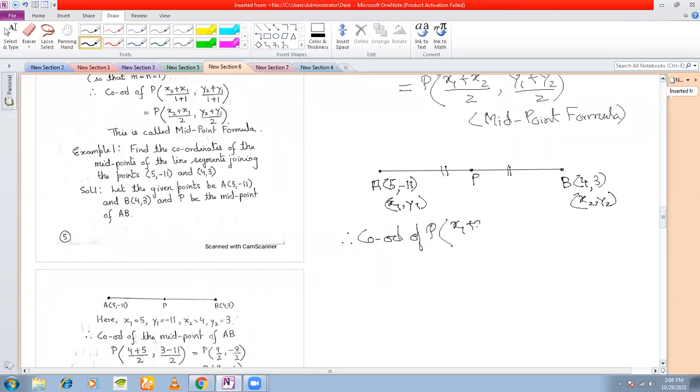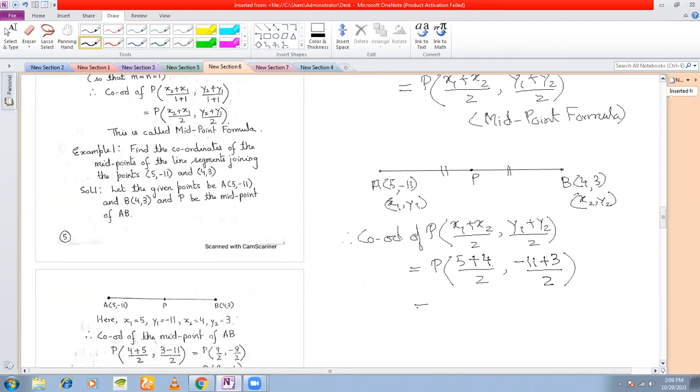X1 plus x2 divided by 2, y1 plus y2 divided by 2. Put it in this formula. x1 here is 5, x2 here is 4, and y1 here is minus 11, and y2 here is 3.